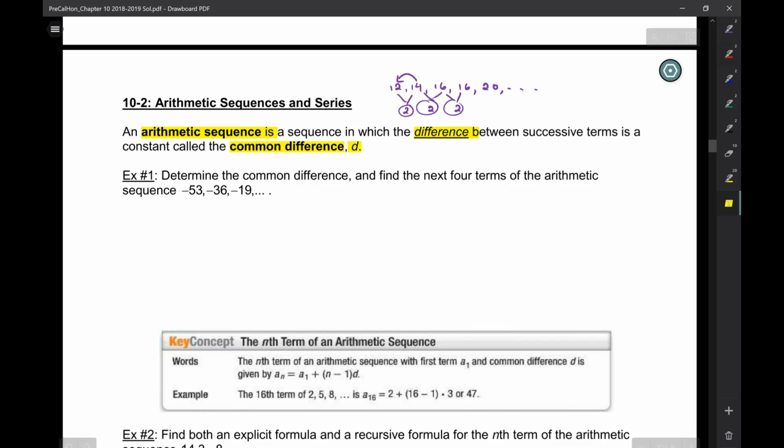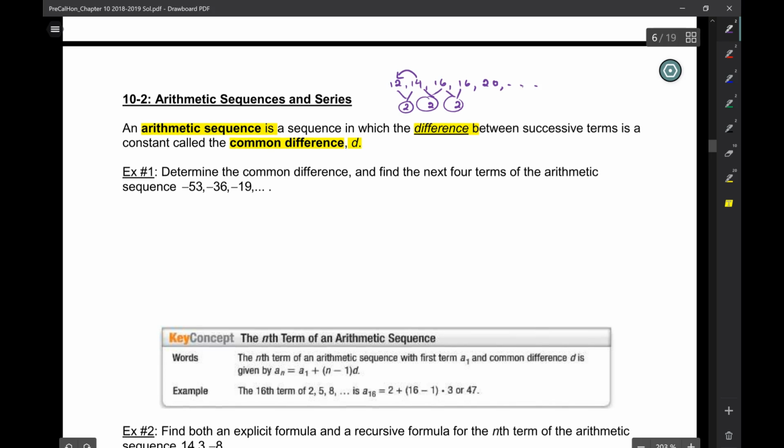Okay, so take a look here. It says to determine the common difference. So what you do is you say D equals A sub 2 minus A sub 1. Order matters here. Okay, so D is negative 36 minus negative 53, 17.